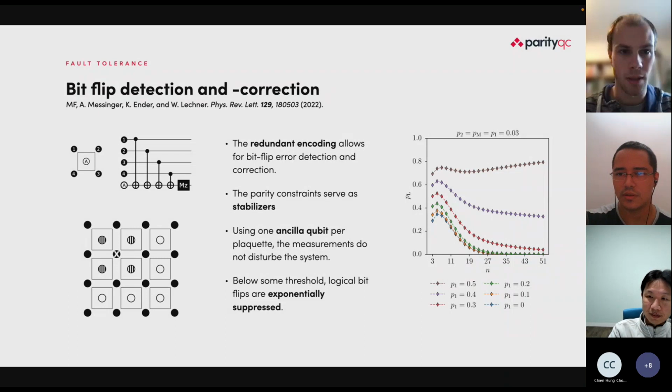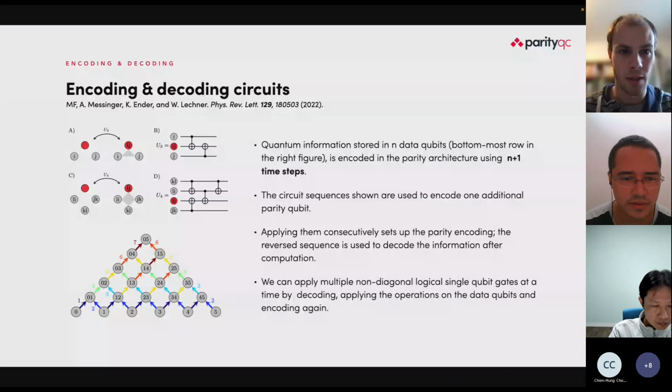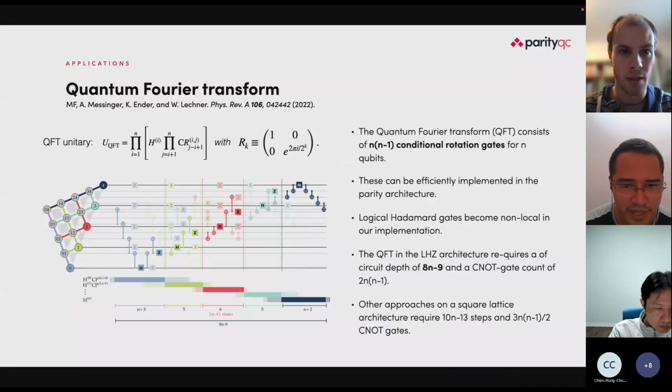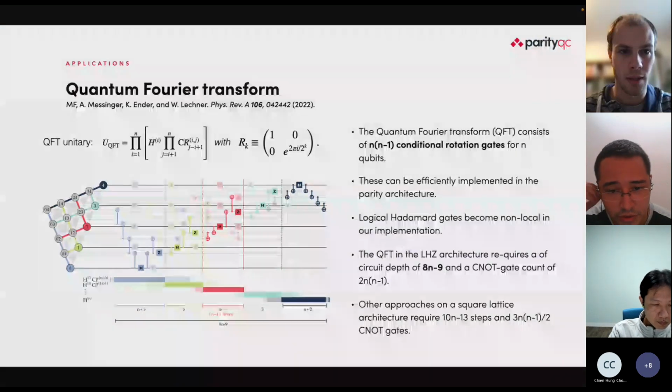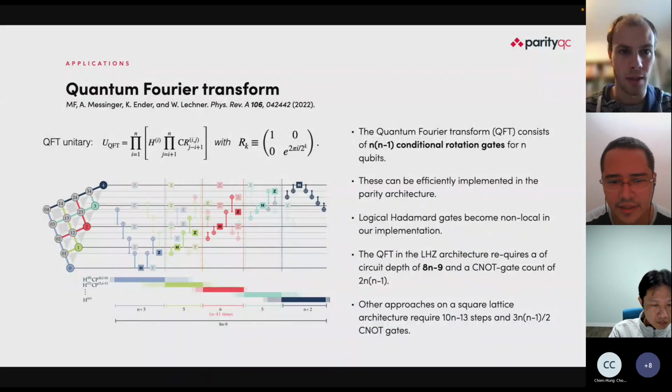Okay, that's good from me. Okay. I have, it's not exactly a question, but could you expand a little bit more on the quantum Fourier transform part? Sure. You talked about the depth that was required of 8n minus 9, and later on, you said that you could do this in a single time step, as opposed to... Sorry, this is a misunderstanding.